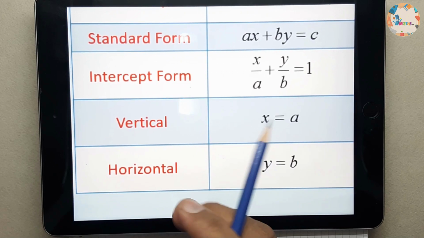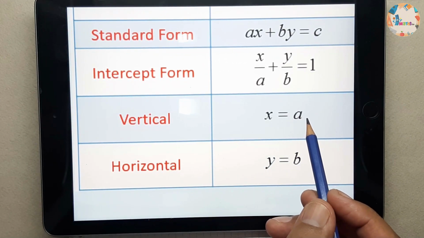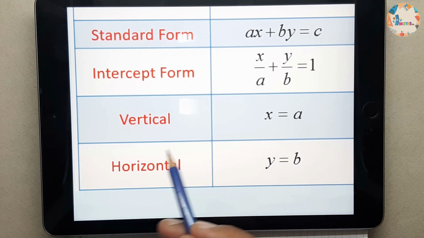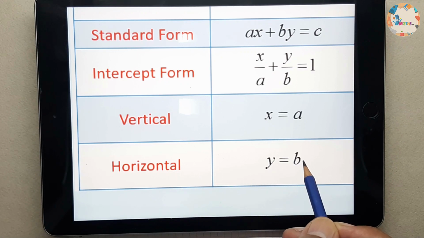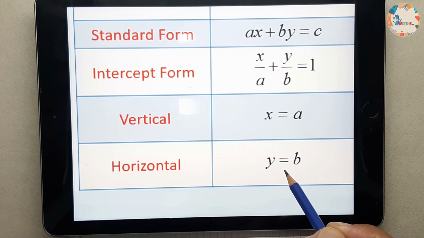And a vertical line will be x is equal to some constant value, maybe 3, 4, whatever, or minus 2, like that. And horizontal, y is equal to b, it can also be some value. So this is a vertical line, this is a horizontal line.